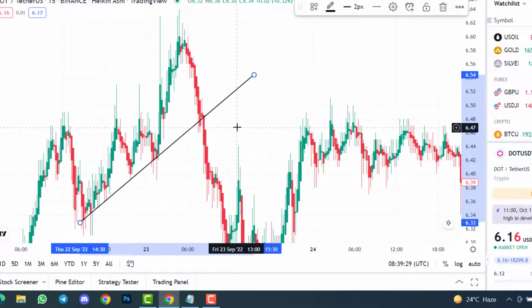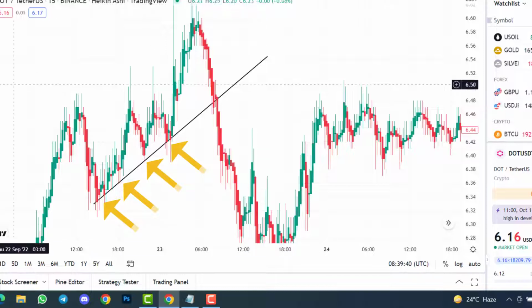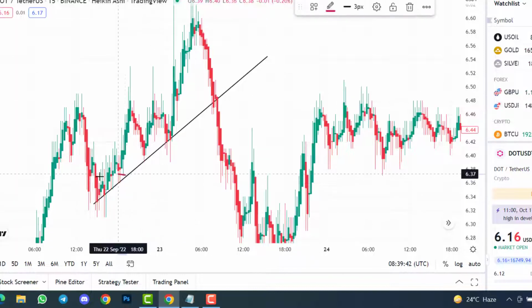As I told you, just draw your line and make sure the more candles touch your line, the heavier the support. You can see in here, many candles touch this line, so it is a support line.